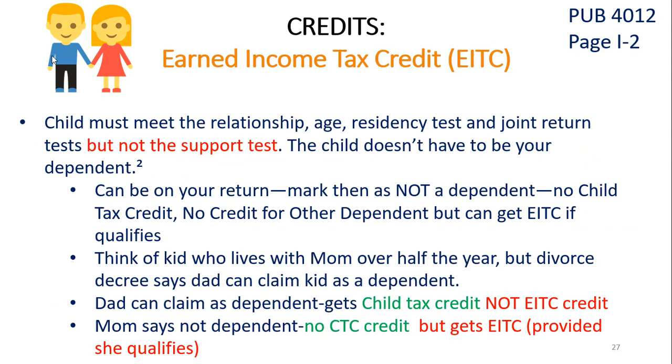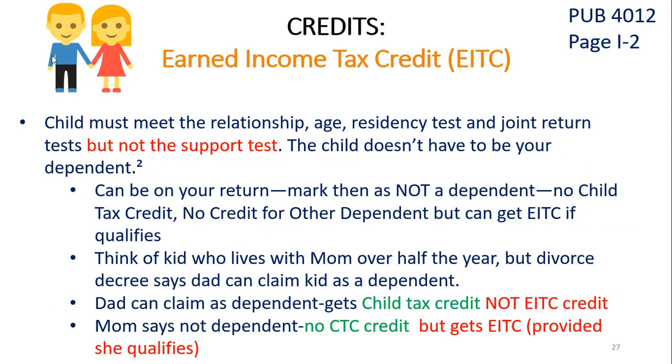In order to get this credit, the child must meet the relationship, age, residency test, and joint return test, but not the support test. And you do not have to claim them as a dependent. And this really confuses a lot of people. So again, there's a very close relationship.